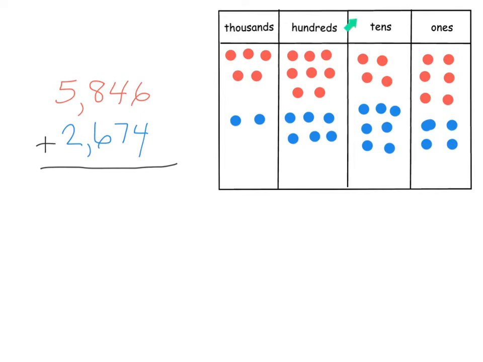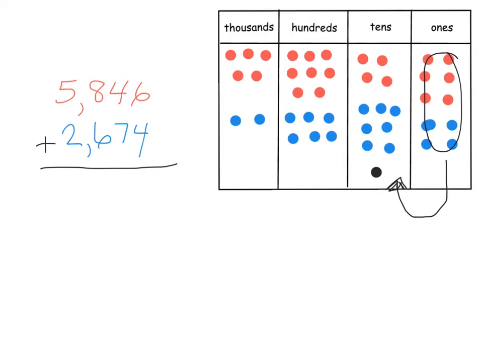If you notice, this is also a tens column, so if I've got 10 ones, that's going to be the same as having 1 ten. So that's exactly what I'm going to do. I'm going to take all of these ones, the 10, and make it into one group of 10 here in the tens section. So there we go.